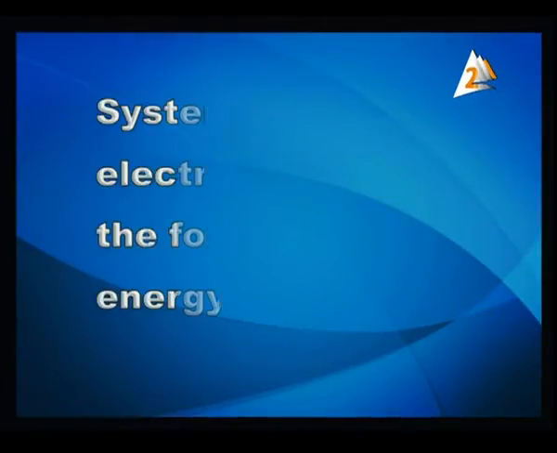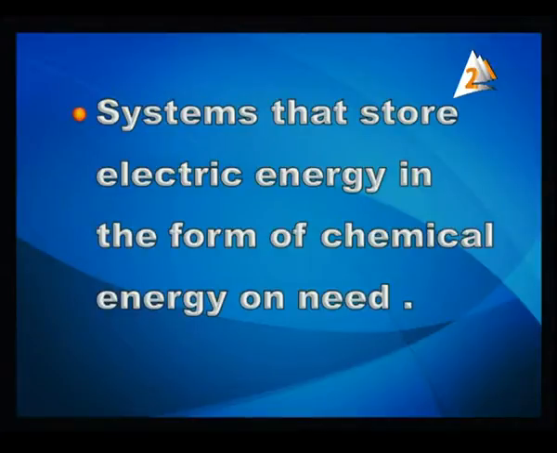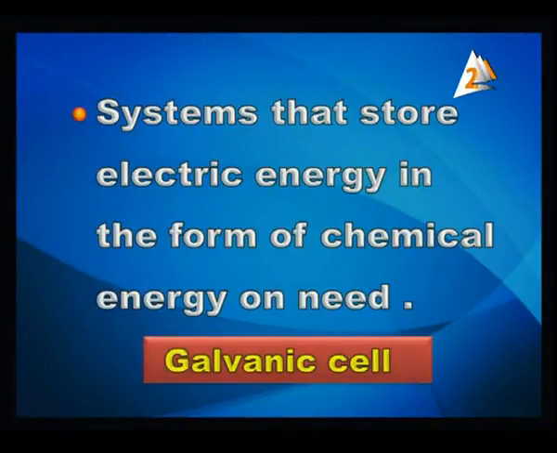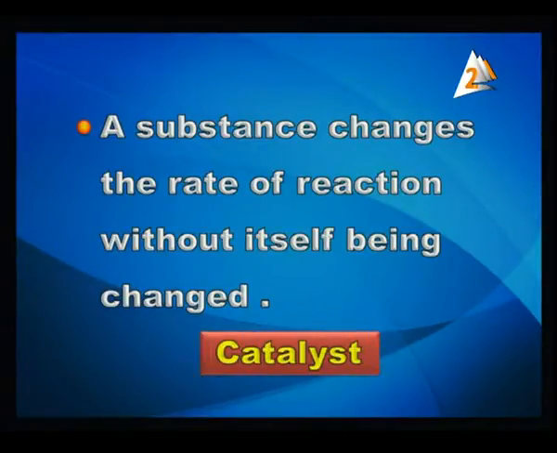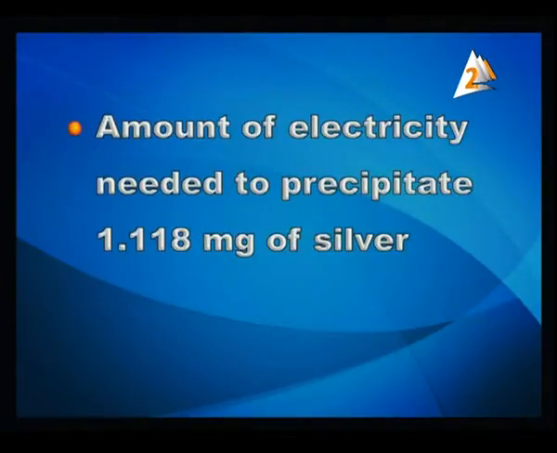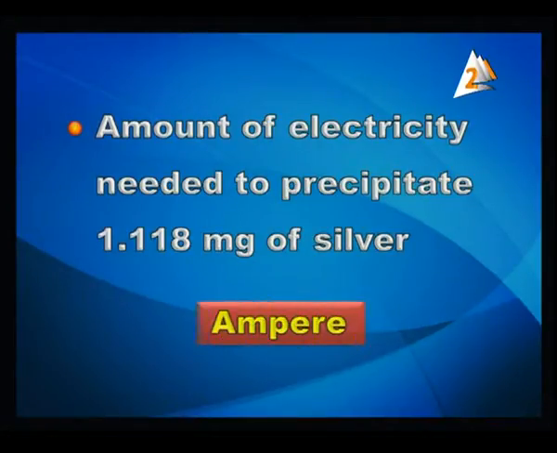Next point. Systems that store electric energy in the form of chemical energy on need. Yes, the answer will be galvanic cell. A substance that changes the rate of a chemical reaction without itself being changed. Yes, the answer will be catalyst. Next point. Amount of electricity needed to precipitate 1.118 milligram of silver. Yes, it will be ampere.